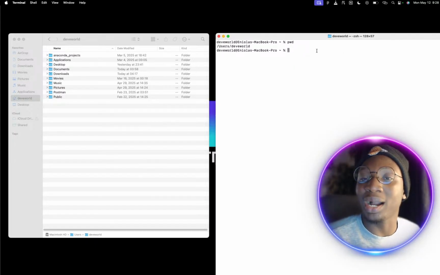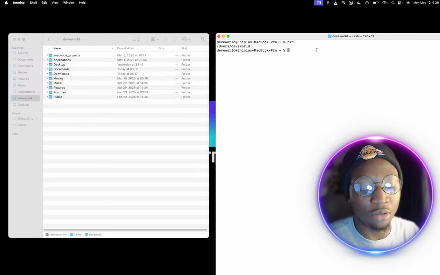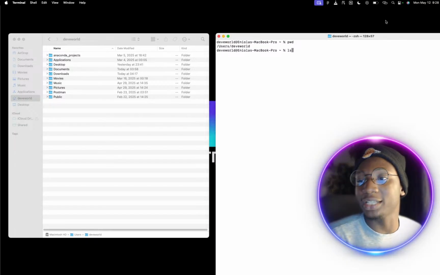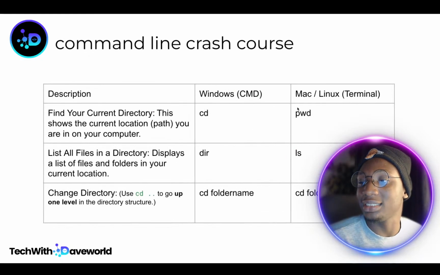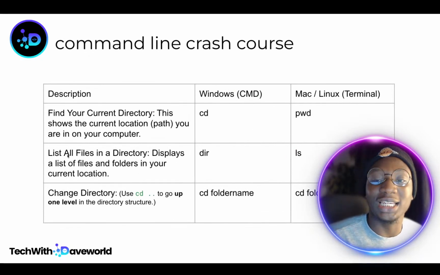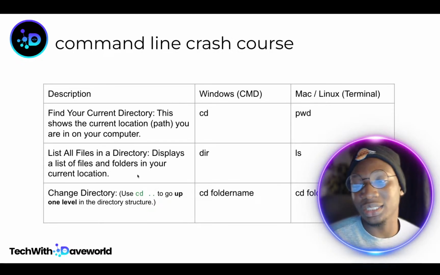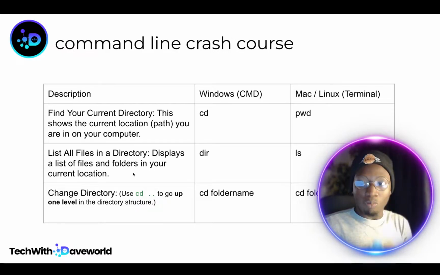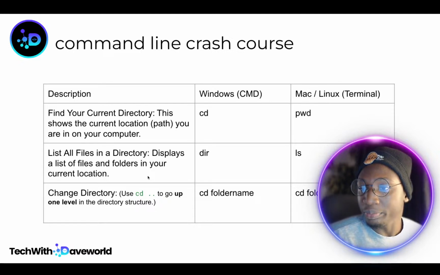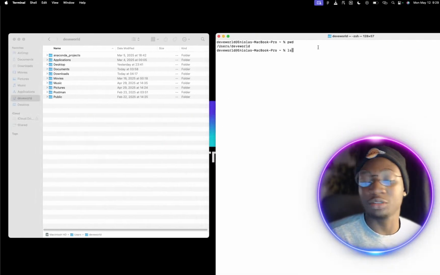But I'm using a Mac operating system, so I'm going to type ls, right? If I go back to our slide, you can see that I said ls is to list all the files in a directory. It displays a list of files and folders in your current location. All right, so that's what we're trying to do here.